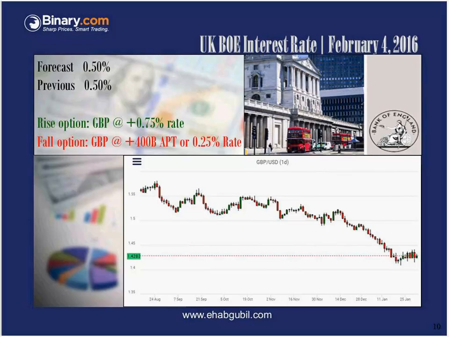In the extremely unlikely event that the Bank of England hikes the rate to 0.75%. As you know, it's forecasted at 0.25% as the previous.